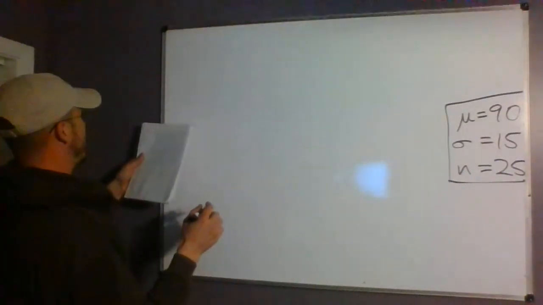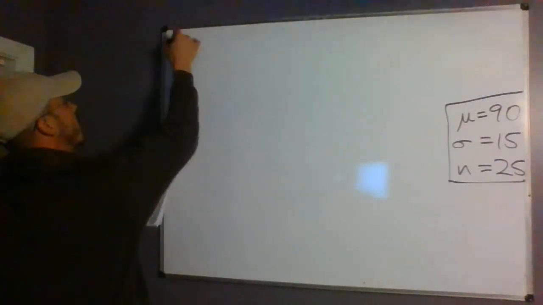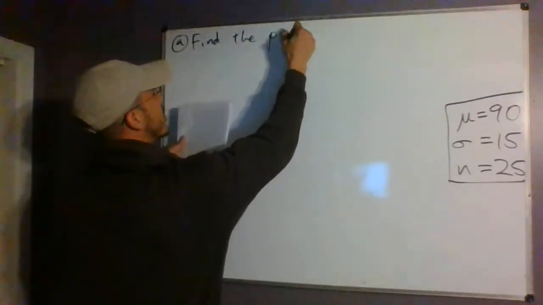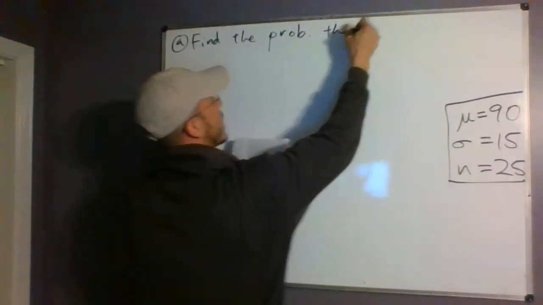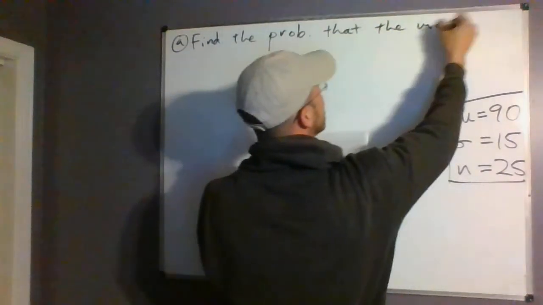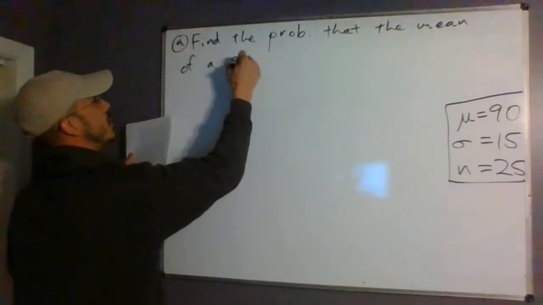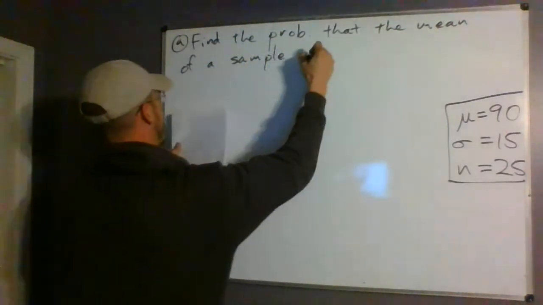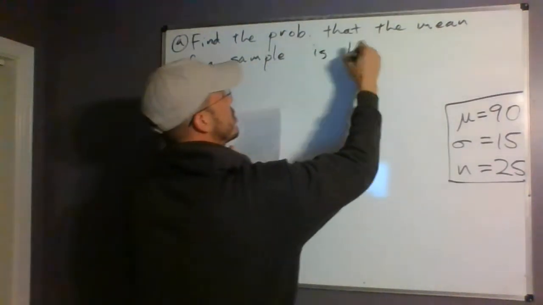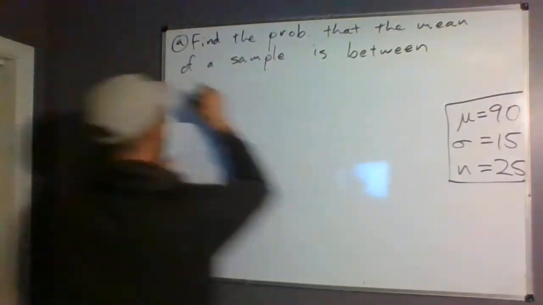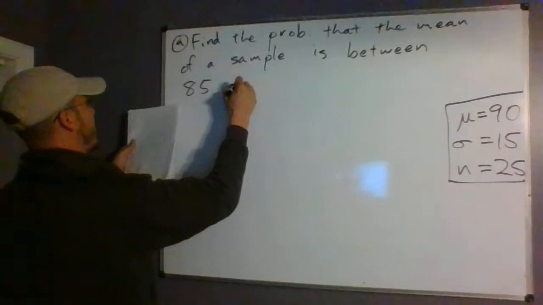All right. For part A, I want to find the probability that the mean of a sample is between 85 and 92.